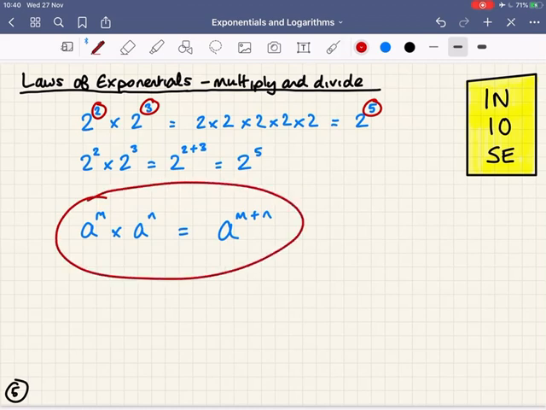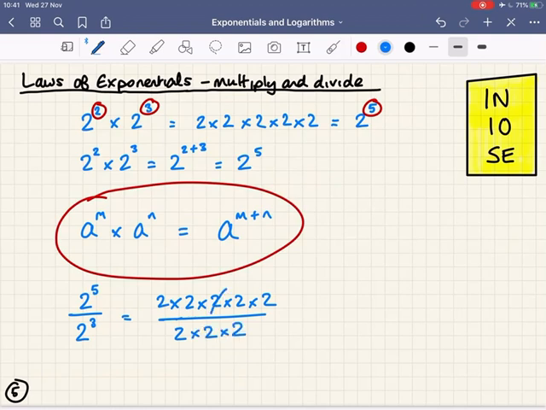If we divide, we get a similar sort of setup. If I had 2 to the power of 5 and I divided that by 2 to the power of 3, for example, I'm going to get 2 times 2 times 2 times 2 times 2 divided by 2 times 2 times 2. And I can cancel all of this down and I end up with just 2 times 2 on the top, which is 2 squared.